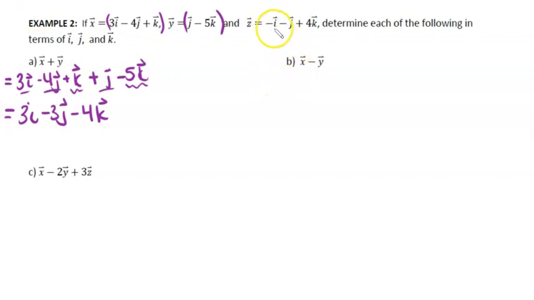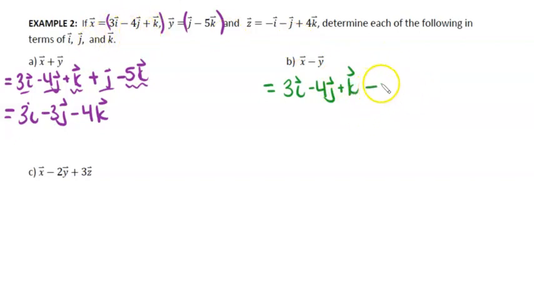Okay, now, same thing for b except we're subtracting. So we're going to go vector x minus vector y. So why don't we substitute in vector x, which is 3 vector I minus 4 vector j plus vector k, right? This is vector x.